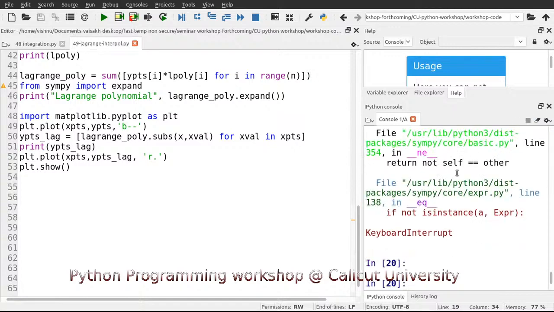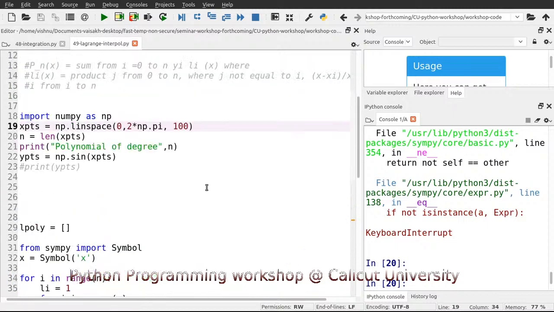I don't understand. Let me just stop and maybe I will try with 20 points instead of 30.